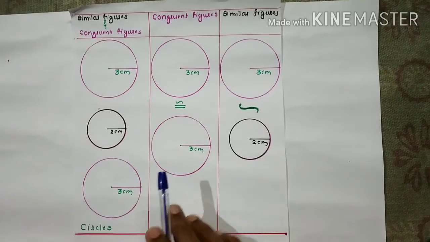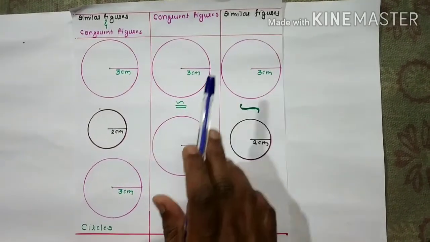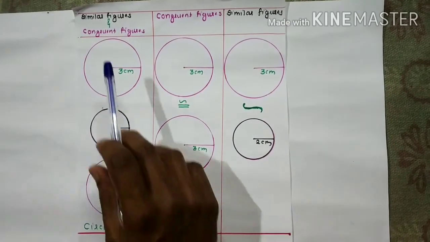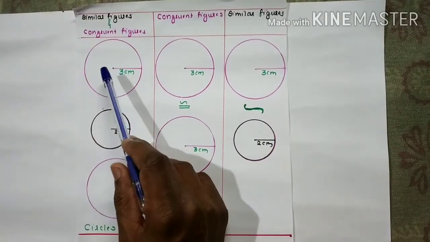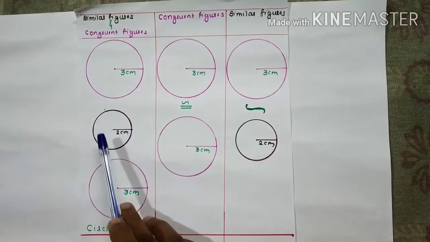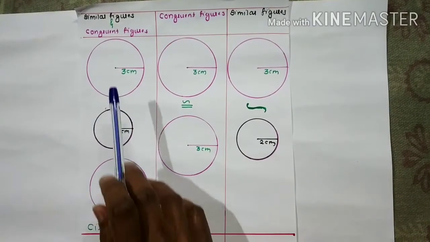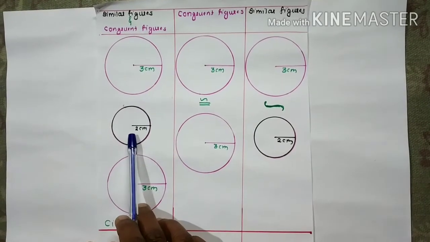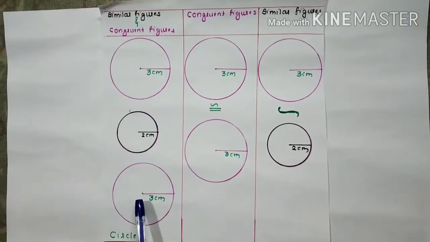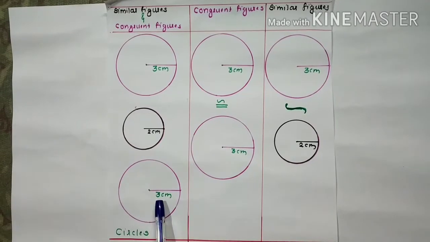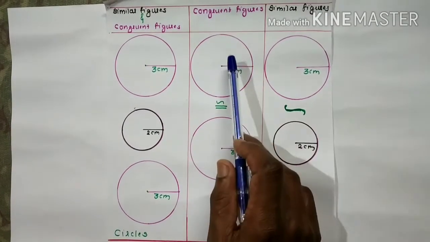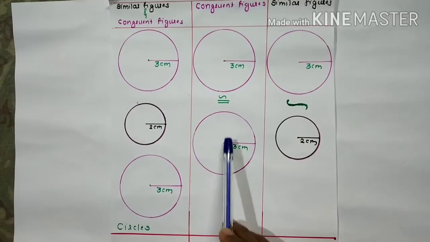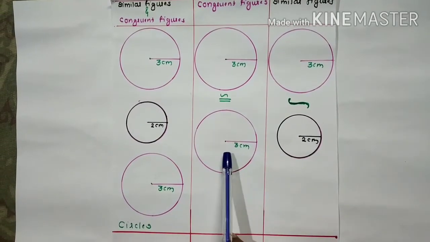To understand the concept of congruent figures and similar figures, let us take one more example of circle. In the first column, I have drawn similar circles as well as congruent circles. So this is a circle of radius 3 cm, this is a circle of radius 2 cm, and this is a circle of radius 3 cm. In the congruent, the circle is 3 cm, and one more circle is drawn, that is also 3 cm.